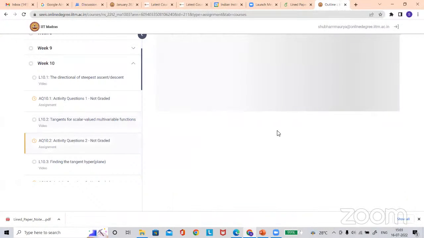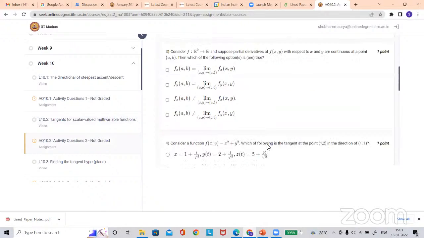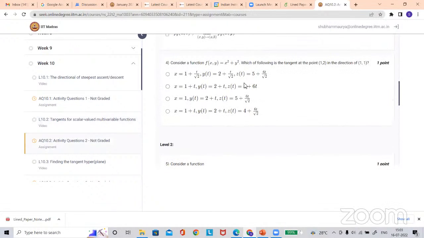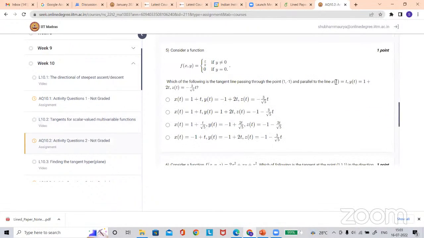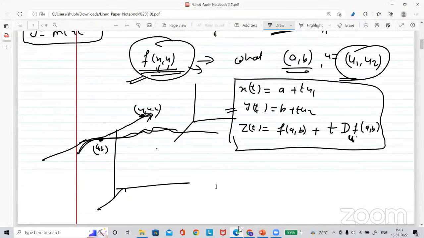For this question, here x(t) is equal to t, y(t) is 1 plus 2t, and z(t) is minus 3 by 5 root 5 t.